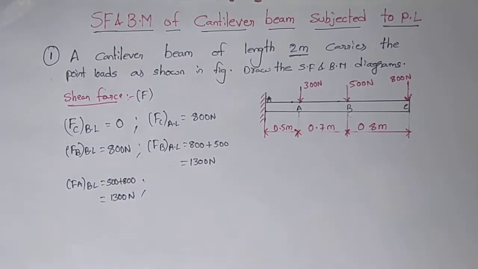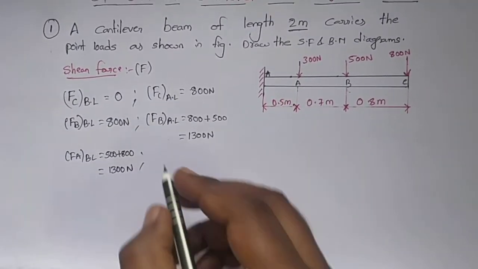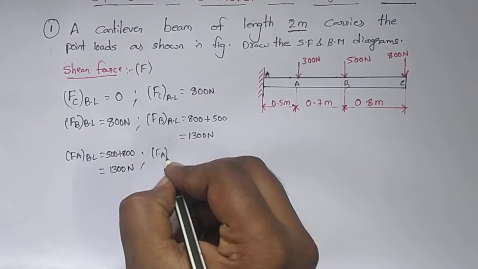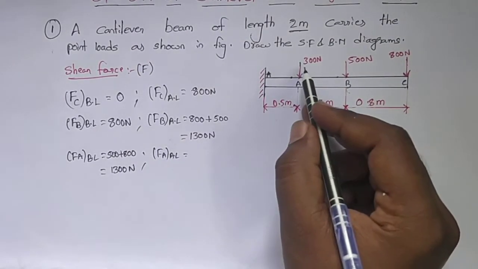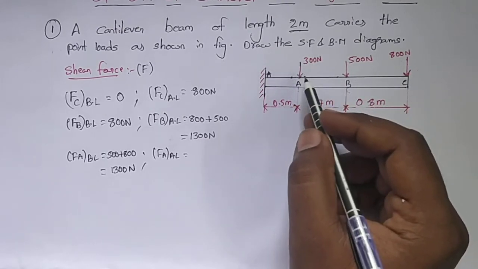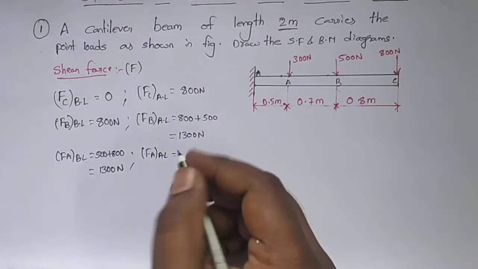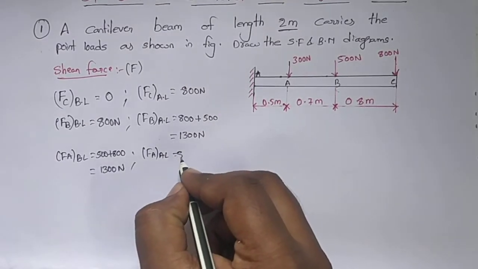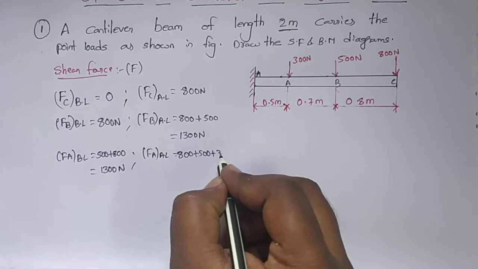Similarly, shear force at point A after load. After load means you will consider this load also. Here there are a total of 3 different loads, that is 800 plus 500 plus 300.